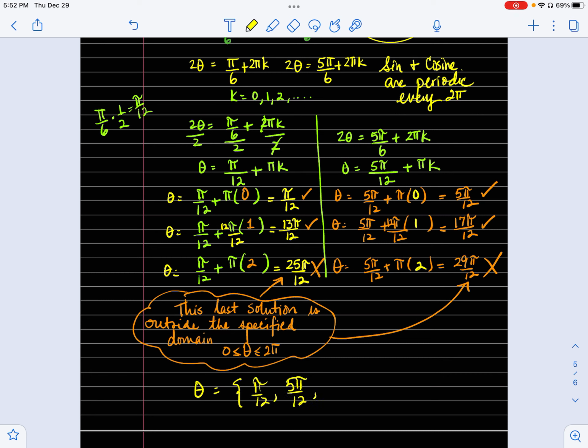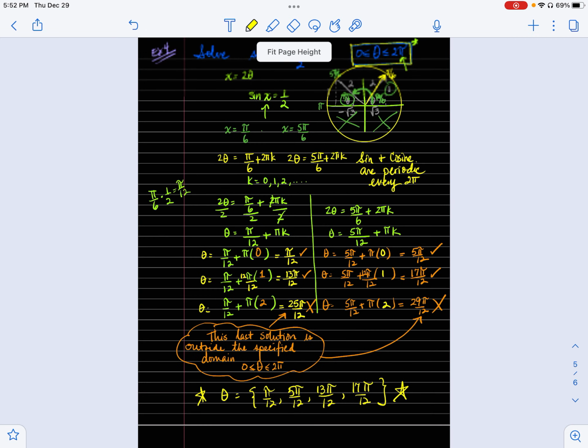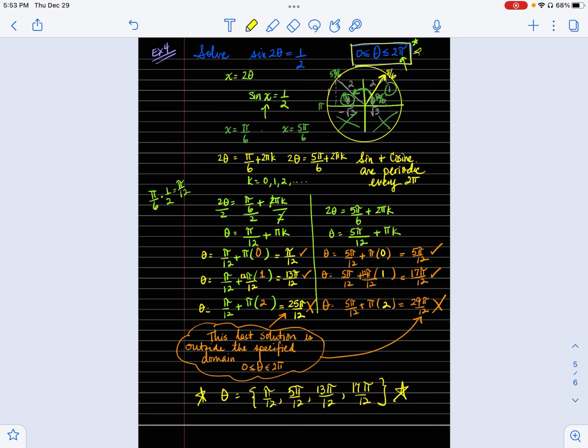And you need to go in increasing order: 5 pi over 12, 13 pi over 12, and 17 pi over 12. And those are exactly 4 answers that are part of the solution set. We did not get an infinite number of answers just because our question had a restricted domain. So I hope that helps. See you in the next video.